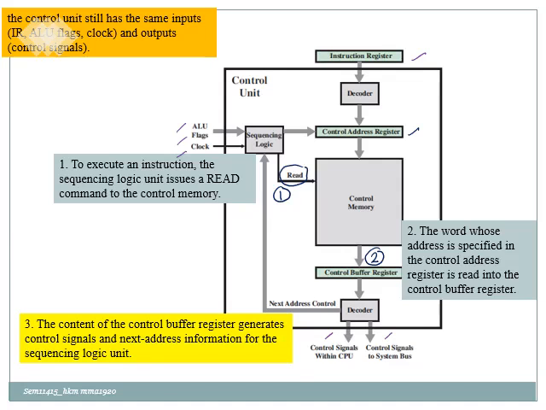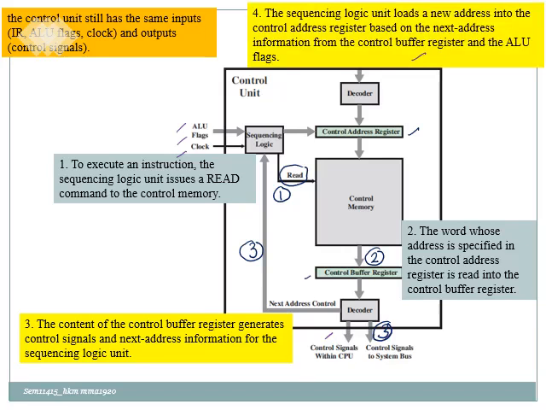Third, the content of the control buffer register here, where does it go? It will generate control signals, and also the next address information for the sequencing logic unit. So both are in the third step.